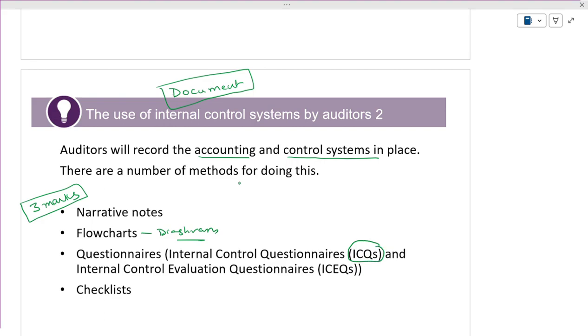Internal control questionnaires, whether yes or no. I remember I have seen this question requesting 2 advantages and 2 disadvantages of each way of documenting the control.